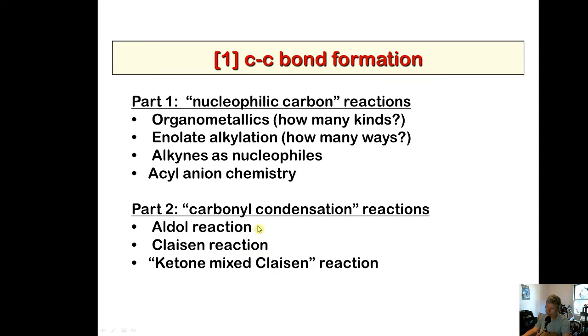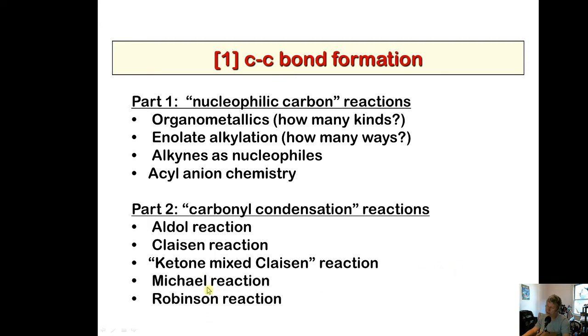What are the products of an aldol? The product of an aldol is an alpha beta unsaturated ketone. Product of a Claisen is what? A beta ketoester. And then a ketone mixed Claisen is a beta diketone.